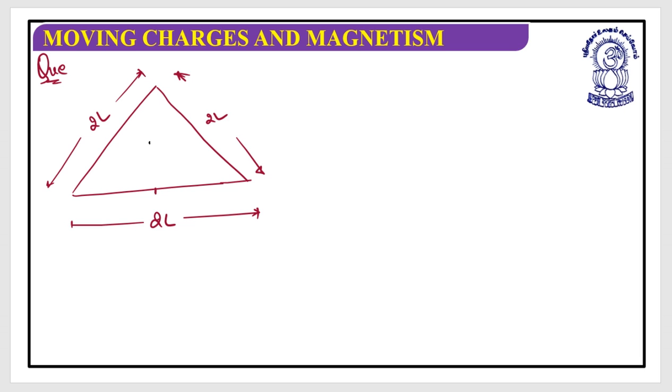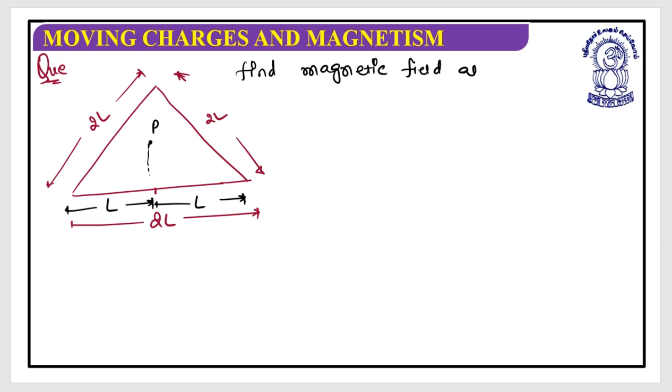You require the magnetic field at this point P. So this length will be L. Even this length will be L. Find the magnetic field at point P. Current is moving in this direction.